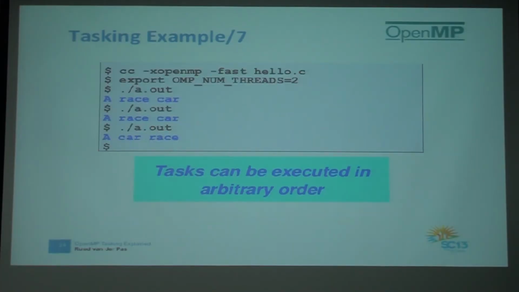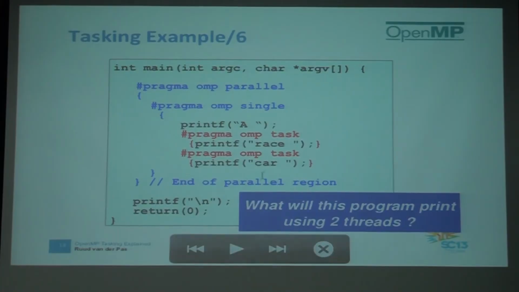Yeah. So let us see what it will print. A race car, a car race. Multiple executions. And why did we get all that? Let's see. So race and car are put in tasks, and the task execution order is not specified. So A gets done.